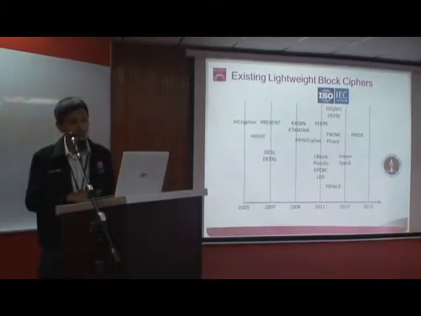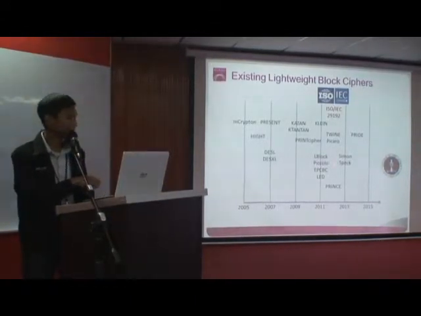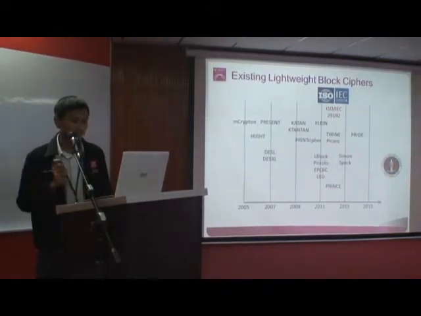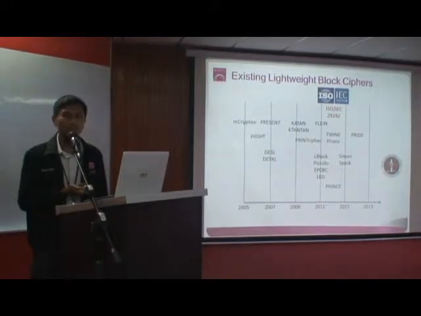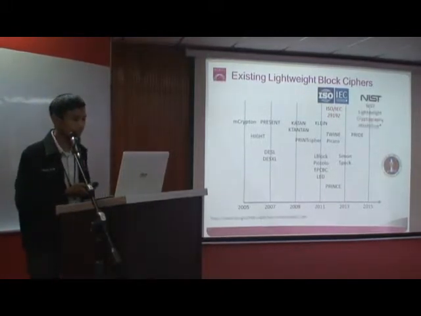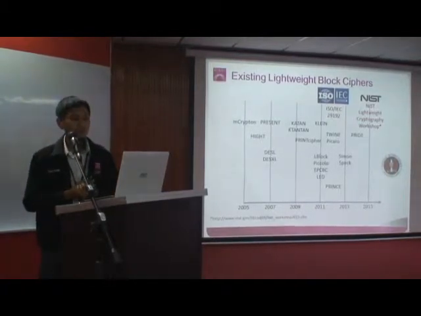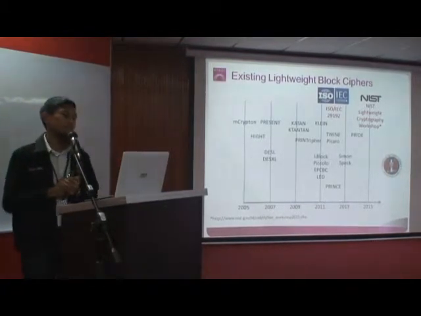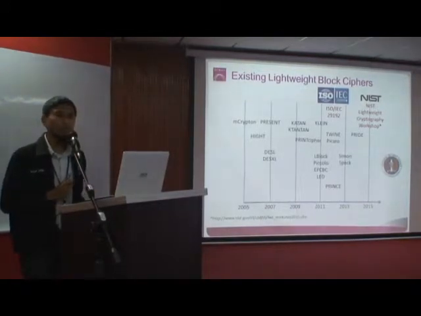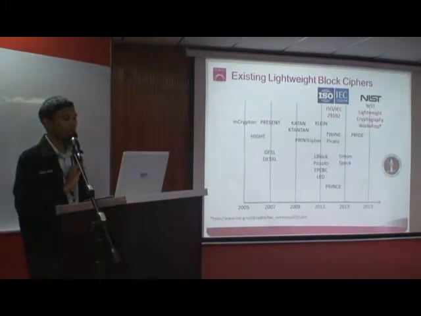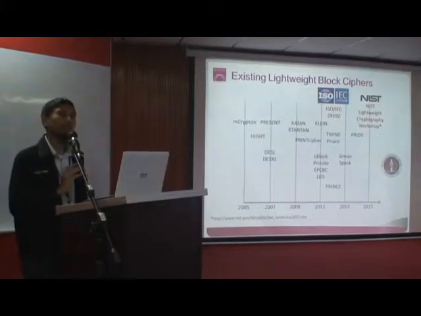If you are interested, you can analyze Simon and Speck, which were published by the NSA. It's open, and anybody can download the specification. Also, I think this month or a few months from now, NIST is going to organize a workshop on lightweight crypto. So we see the importance of lightweight cryptography. It's still an active area of research.